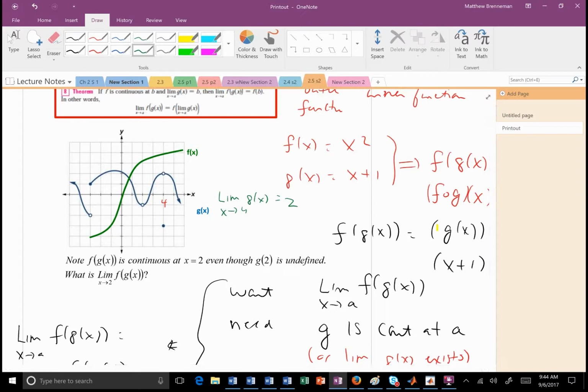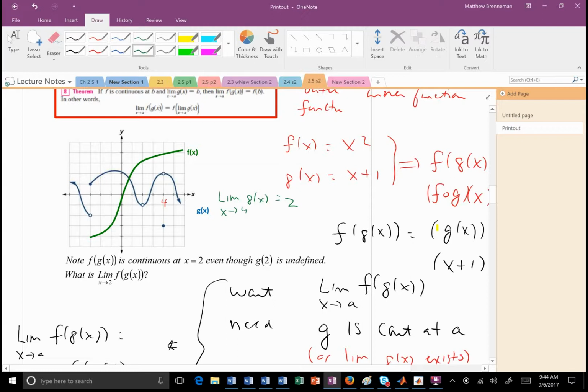Good question. So let's see the theorem. This theorem says that this limit approaches a value. Now we look and see what happens as g of x approaches 2 for f of x. So now 2 is going to be the argument of f. It is f of g of x. So this value is now the argument of f. We don't really have a notation for g of x approaching 2. We're used to x approaching values, which makes it a little tricky.